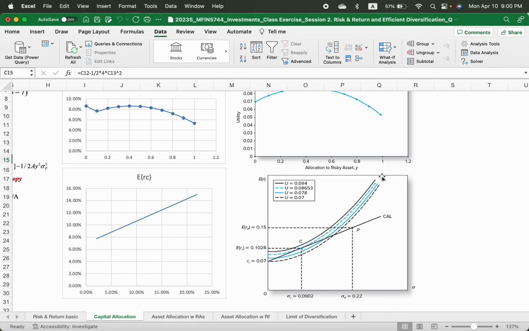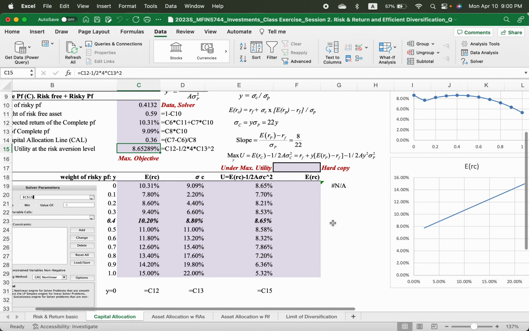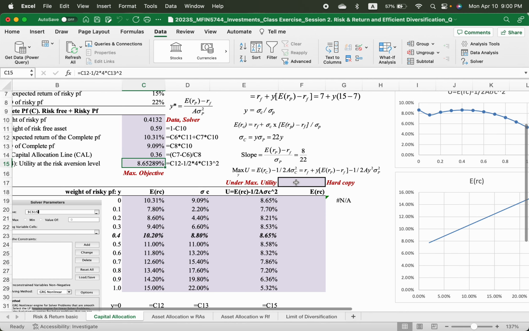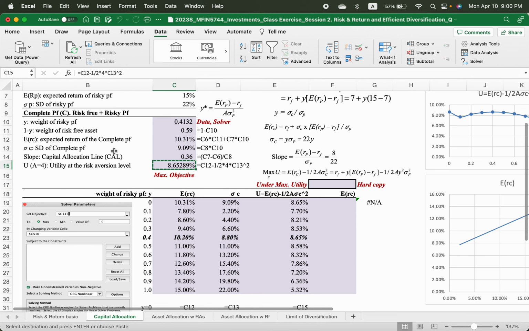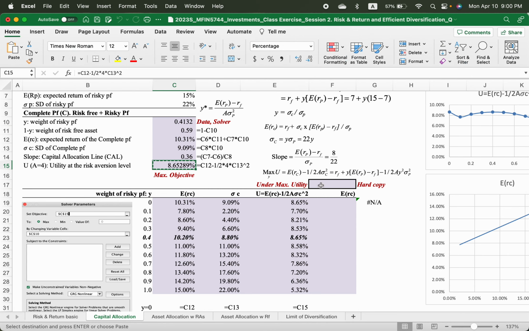So in this case, now we want to find this, right? The indifference curve. That means here the optimal portfolio, a complete optimal portfolio where they are satisfied with this standard deviation. So how do we create it? Here I want you to copy this utility at the risk aversion level and paste.